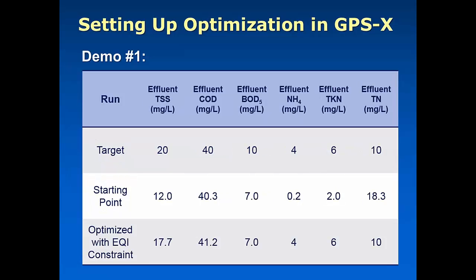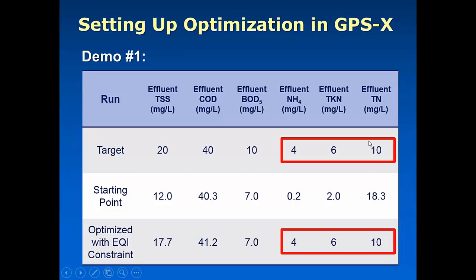So if I look at the effluent quality here, those are the targets that I was showing you earlier. It's really interesting to take note here. This is where we started. We were meeting most of those effluent qualities, not total nitrogen, but everything else was met pretty well. In fact, we were quite a bit lower on many of them. But when we ran the optimization, note that it basically matched up with the ammonia, TKN, and total nitrogen numbers.